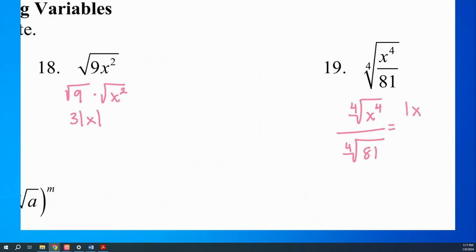Yes, because it's an even index. And is 81 a perfect 4th? Yeah, it's 3 to the 4th under the radical, so it would just be 3. Okay, are we okay there?